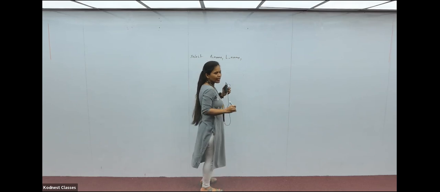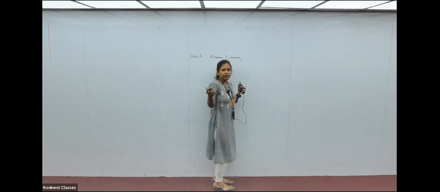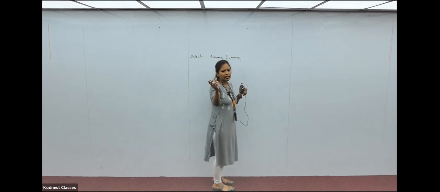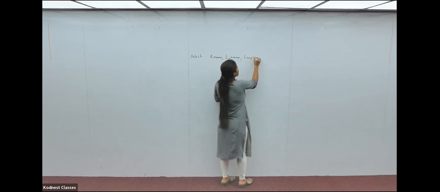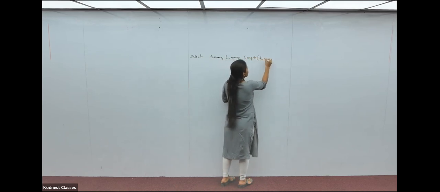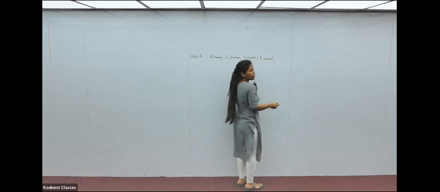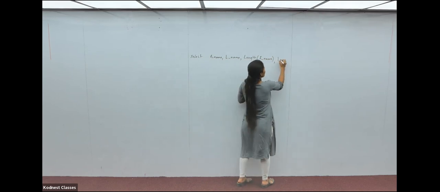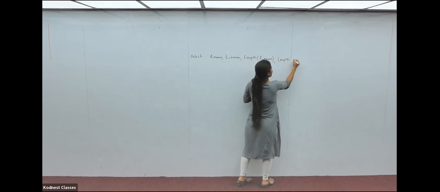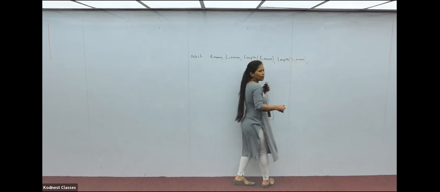If you want to display length of first name, you know that we have the length function which will give you the length of the first names. So how do you tell? Length of first name. Correct? Comma, we should also display length of last name. So we will tell length of last name, again comma.